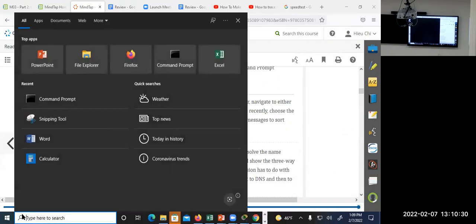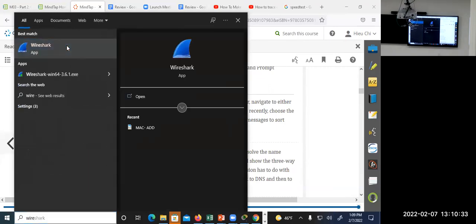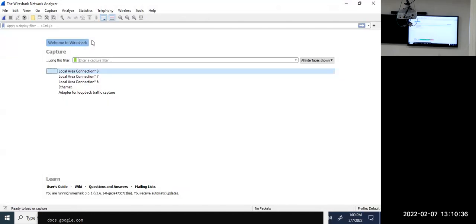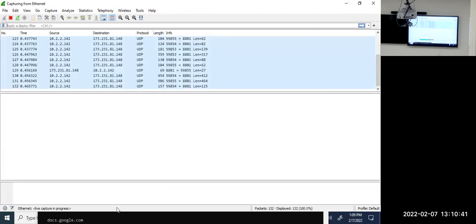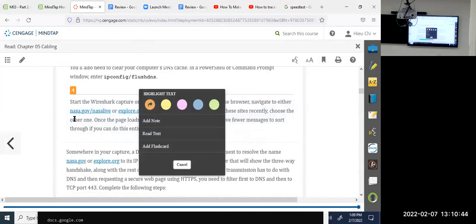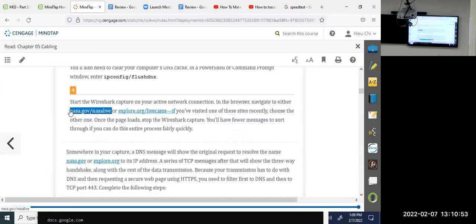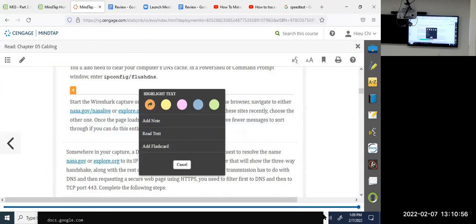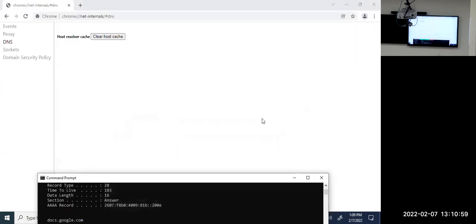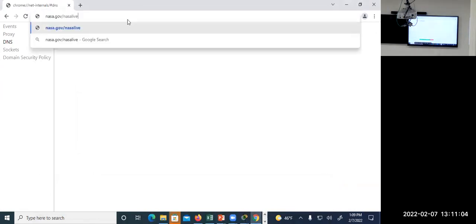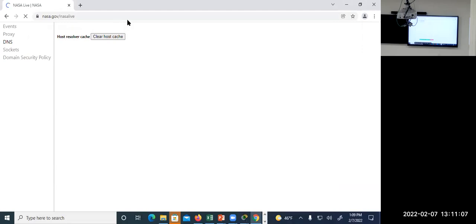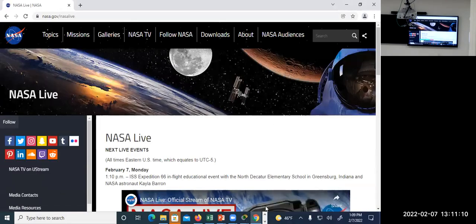Now I have to start Wireshark first. You go to start capture, and I go to NASA.gov.